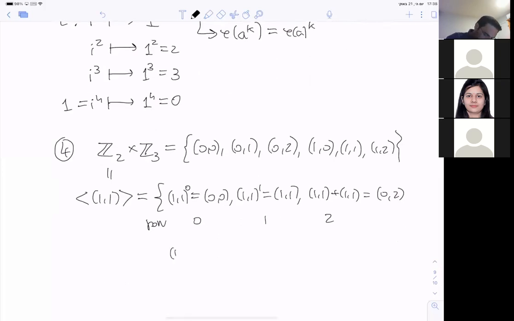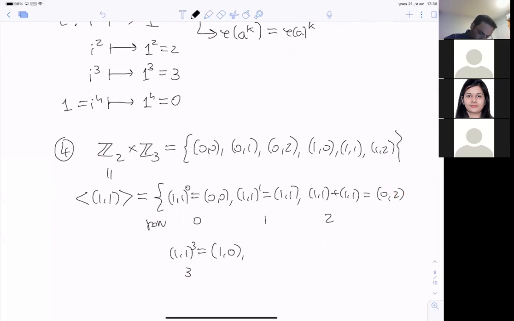And then this is the power of 3. This is (1,0). I'm always adding (1,1) to the last result.